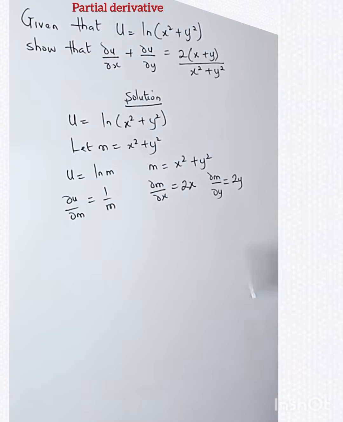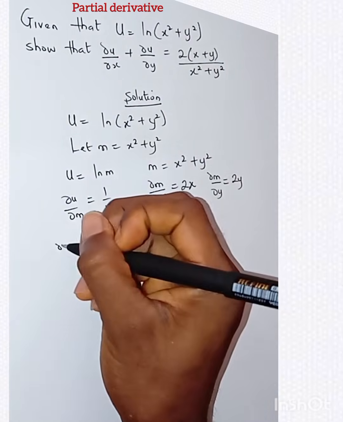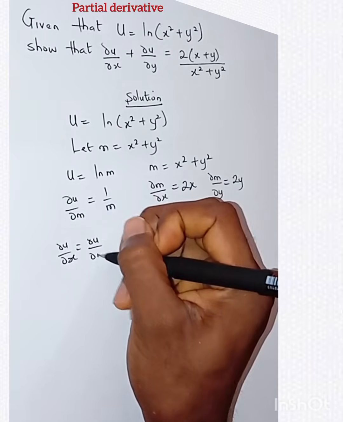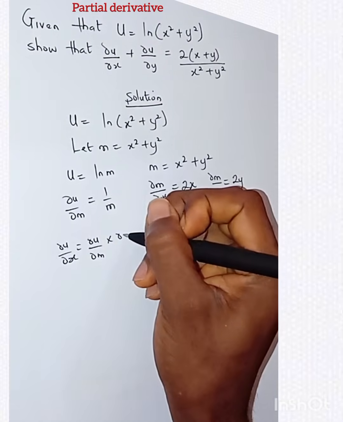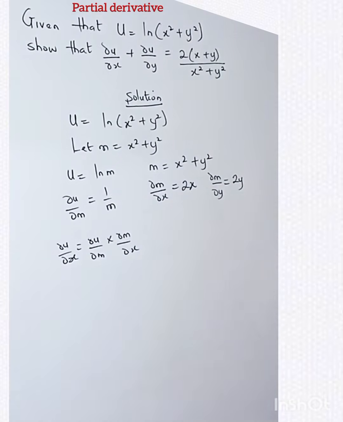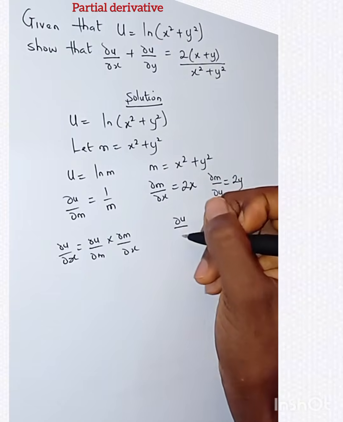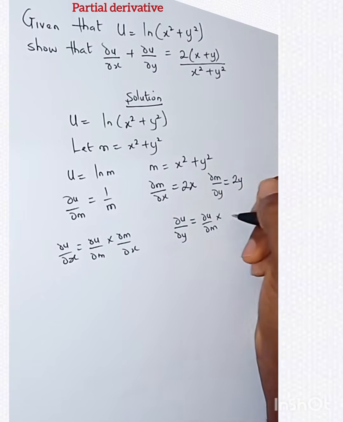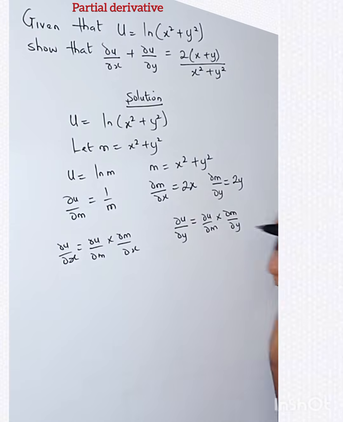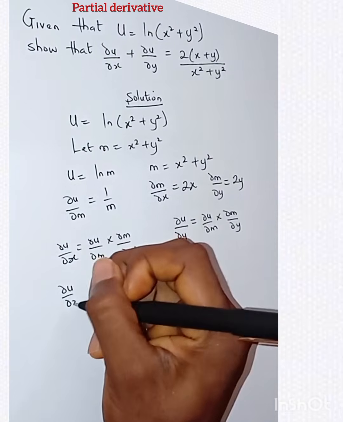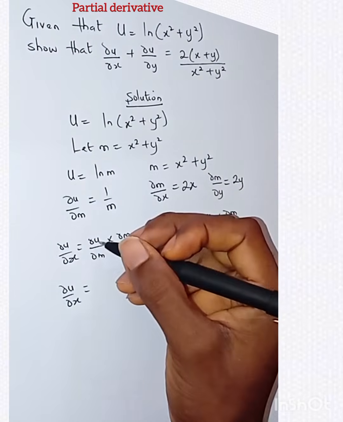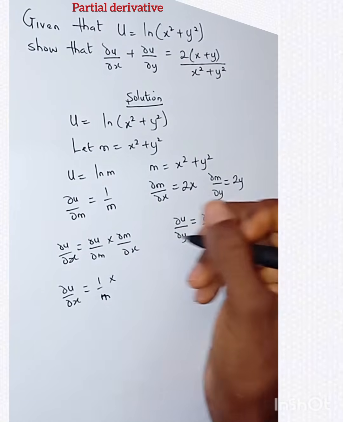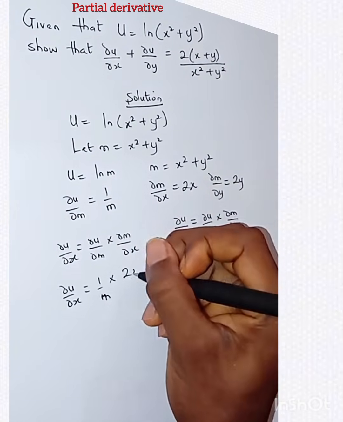Then we are going to get ∂u/∂x, which will be given as ∂u/∂m times ∂m/∂x. As well, ∂u/∂y will be given as ∂u/∂m times ∂m/∂y. That becomes ∂u/∂x is ∂u/∂m, which is 1 over m, times ∂m/∂x, which is 2x.